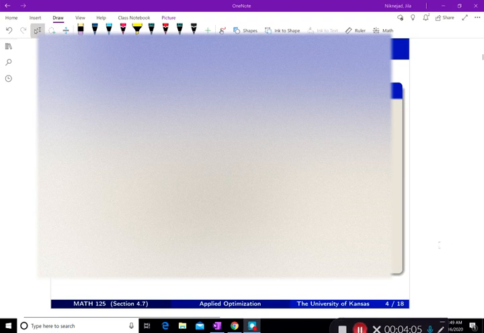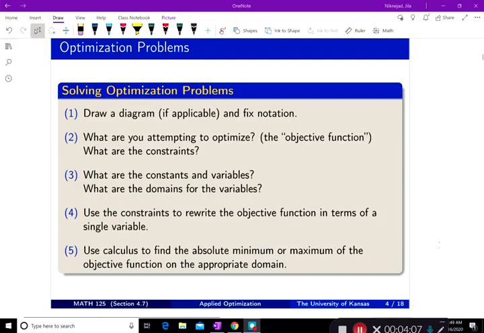So now, what are the strategies to solve an optimization problem? A lot of times, especially with engineering problems, you want to draw a diagram and find fixed notation for the entire problem. And so you have to figure out what you're optimizing.